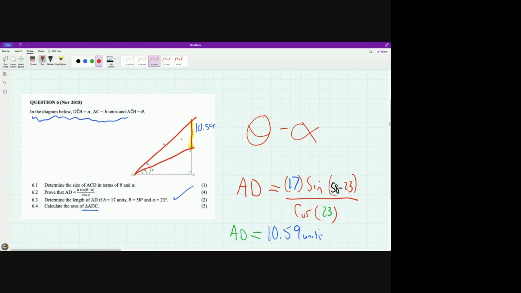It's actually quite a tricky question, but I'm going to help you see in a moment. Let's write in, theta is 58 and this is 23. Can we work out what this angle over here is? This one missing over there. Any ideas? We also know in the question that this is 17.